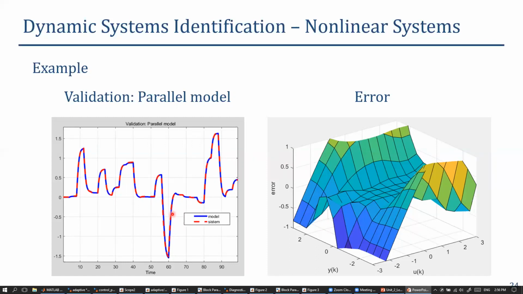Okay, so now, look, we have 4 minutes left. I spent more than an hour on the CSTR example. This is all that I wanted to say in general about nonlinear system identification.